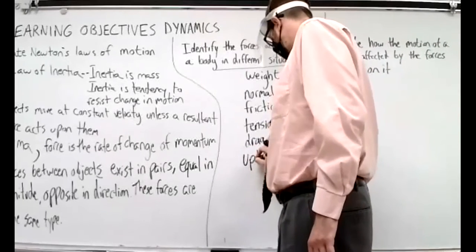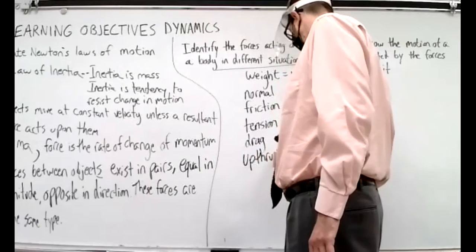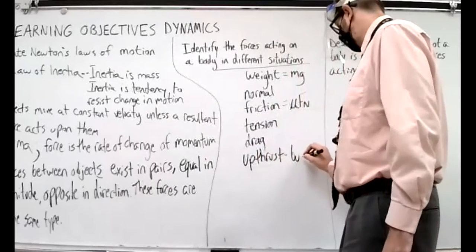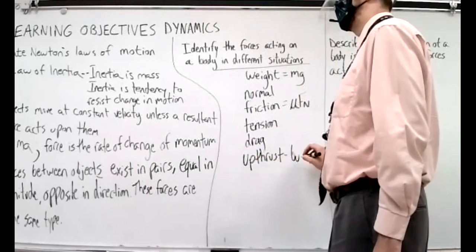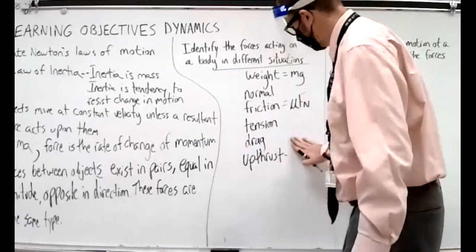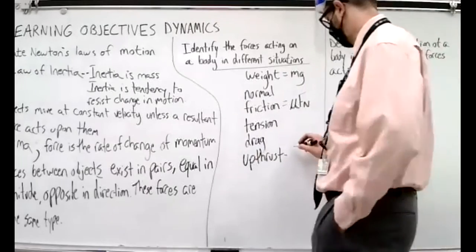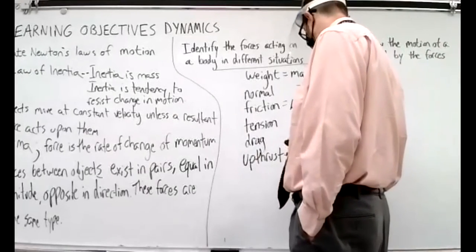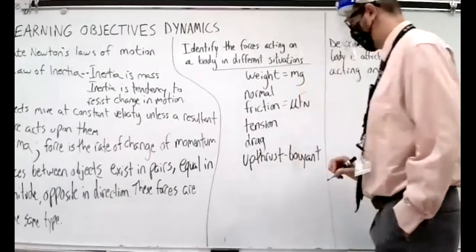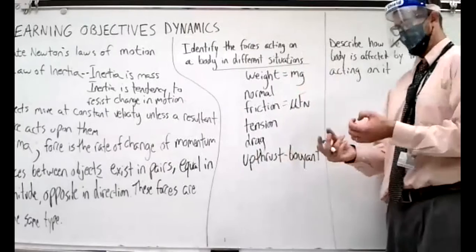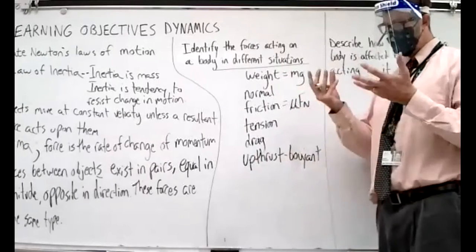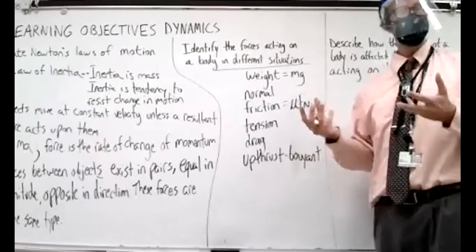How about this one? We haven't spent a lot of time talking about this one. Up thrust. The buoyant force. Buoyancy. Up thrust is really what makes a hot air balloon float, or what makes a ship float in water.